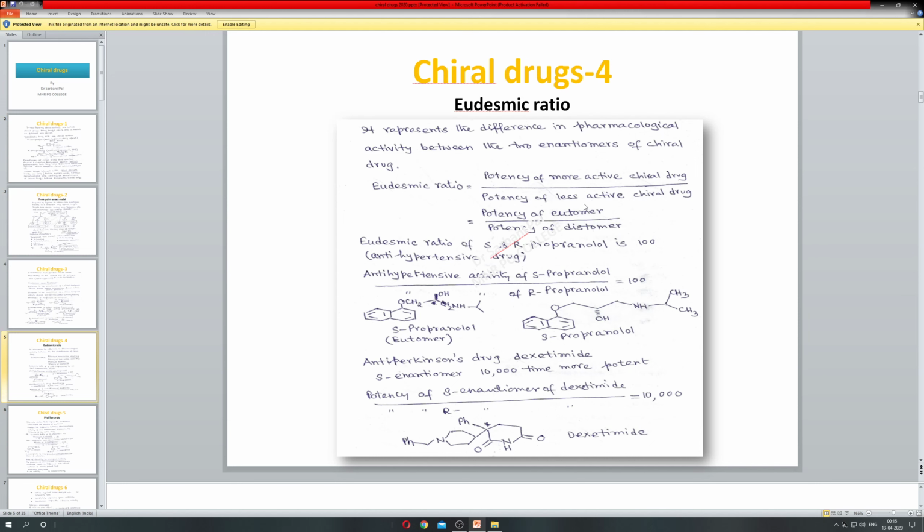Let us take a few examples. Like the Eudysmic ratio of S and R propranolol is 100. Propranolol is used for the treatment of high BP. This is an example of an antihypertensive drug. So this ratio is 100.